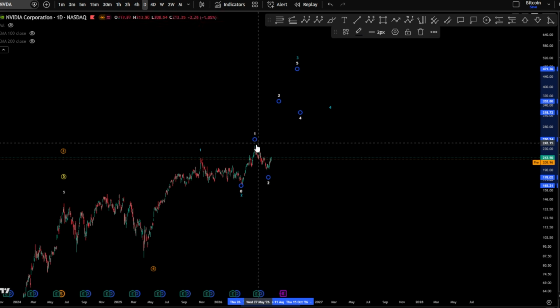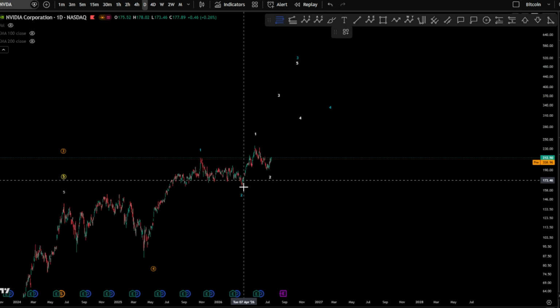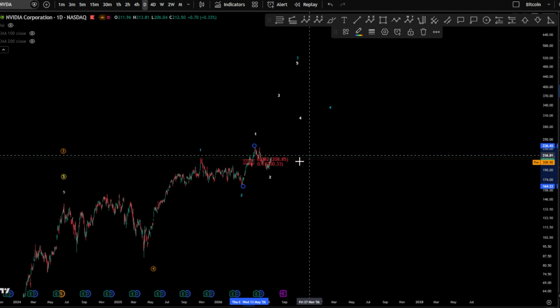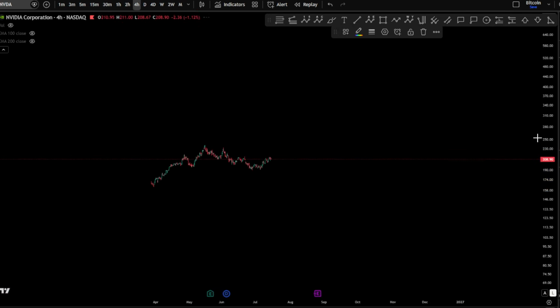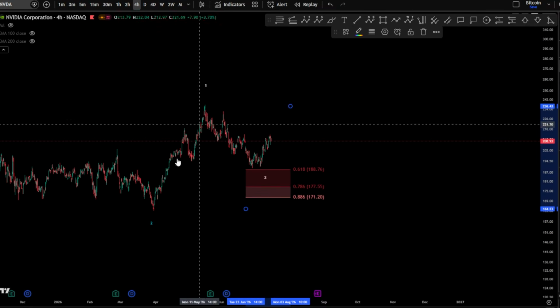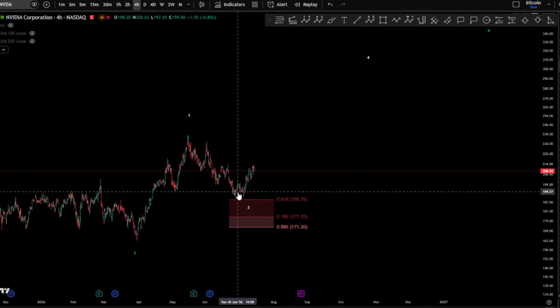We are looking at a 1, 2 there, and very likely the wave 2 is done and finished. This wave 2 is a deep target, it hit 0.618 already. Back to the 4 hour chart, we can see that we were very close to the 0.618, and we might start to push toward the upside for a wave 3.